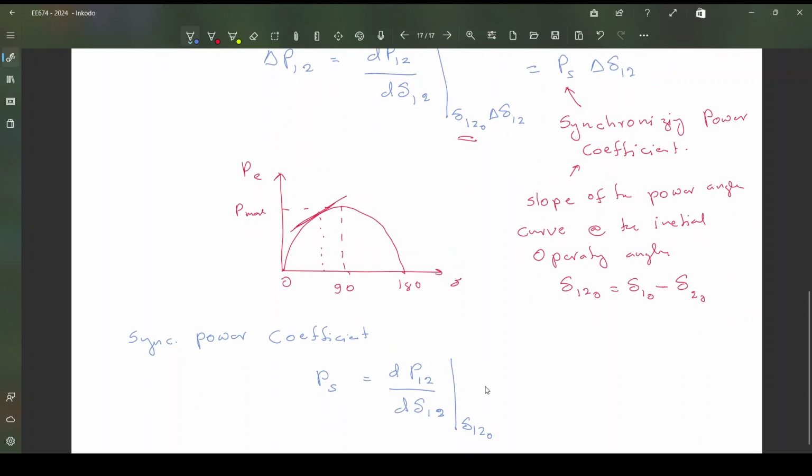Same equation, but we are calculating it at the initial condition. So this would be equal to E1 times E2 over x12 times cos delta 12 zero, the initial angle difference.